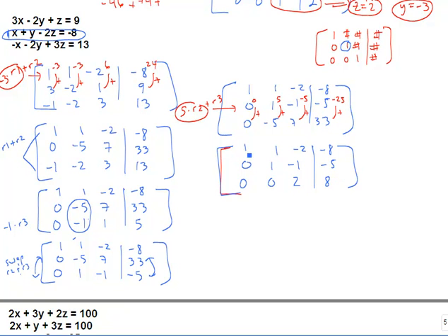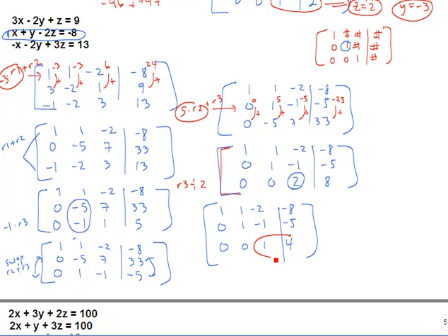So we have our 1, 0, 0, we have our 1, 0. The last thing we need to do is change this 2 into a 1, and remember you can always do that by dividing, so we're just going to take row 3 and divide by 2. So our final matrix looks like 1, 1, negative 2, negative 8, 0, 1, minus 1, negative 5, 0, 0, 1, 4. So we're ready to get our solutions because we have all our 1s and all our zeros.